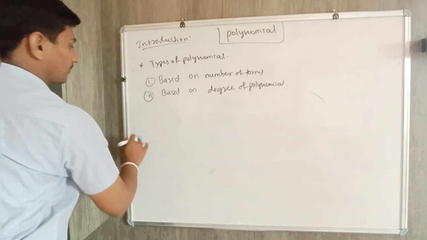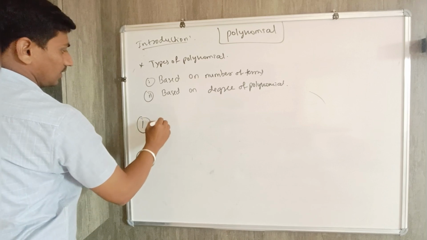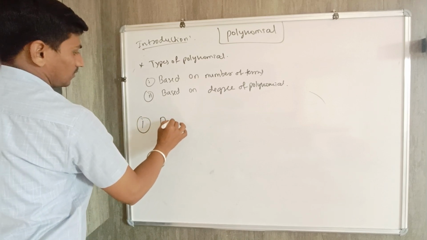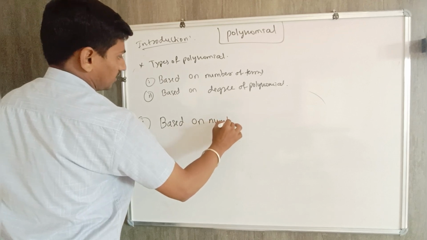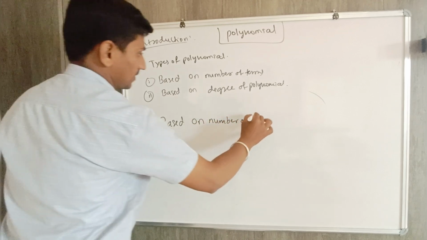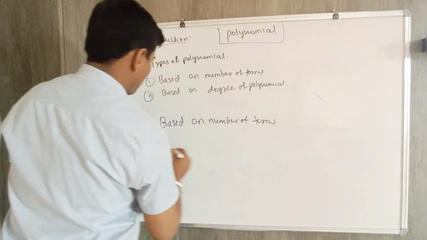Let us see the first one, based on number of terms. Tell me how many types here?